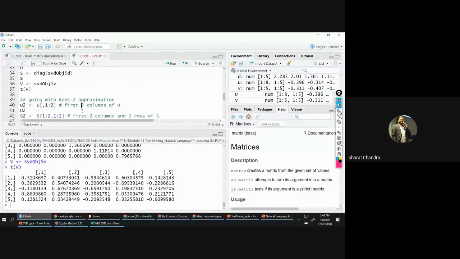So we have U, we have the diagonal matrix. I'm taking only approximation 2. We can also take approximation 1.